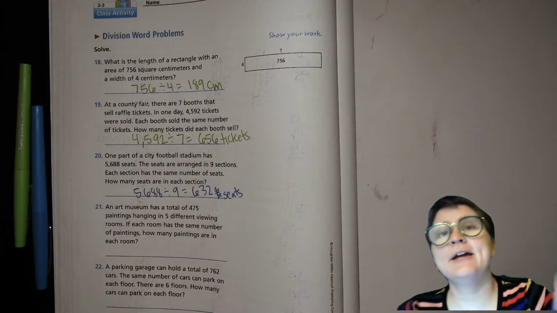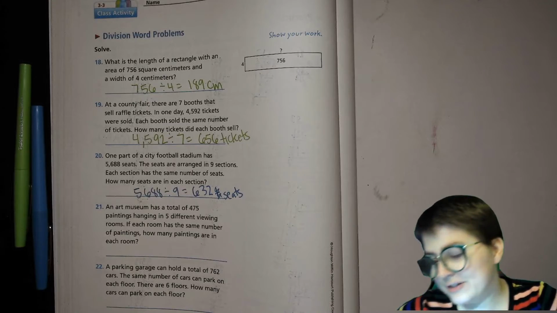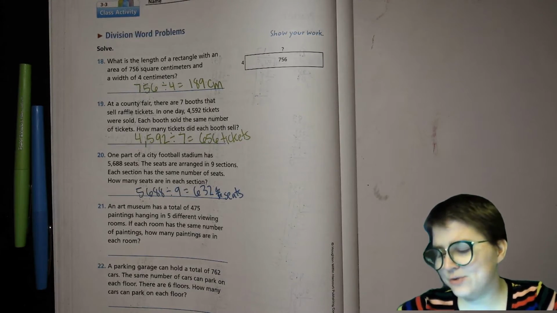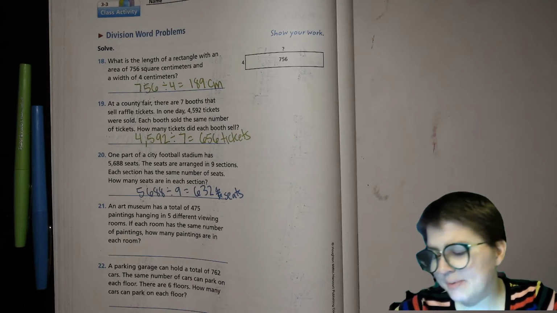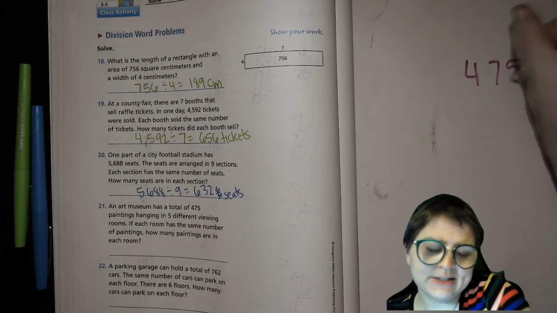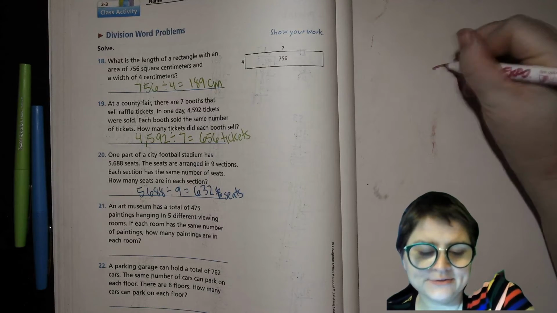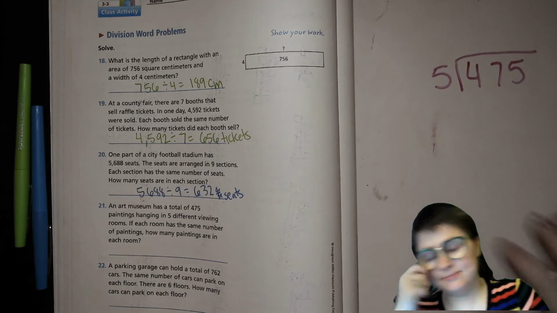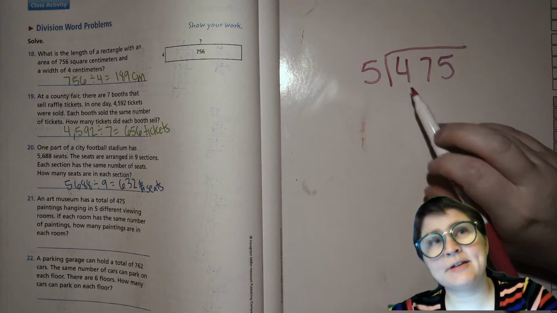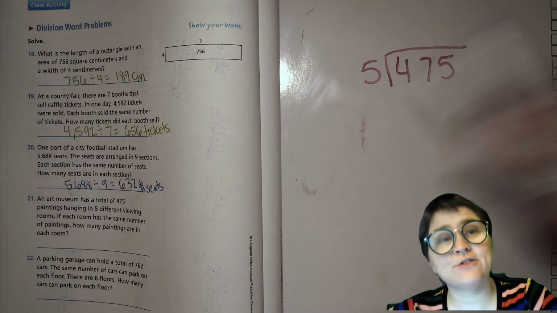Number 21. An art museum has a total of 475 paintings hanging in 5 different viewing rooms. If each room has the same number of paintings, how many paintings are in each room? So 475 is our number of paintings that's divided into 5 rooms. From here, if you have 400 of something, could you put 100 in each of 5 boxes?